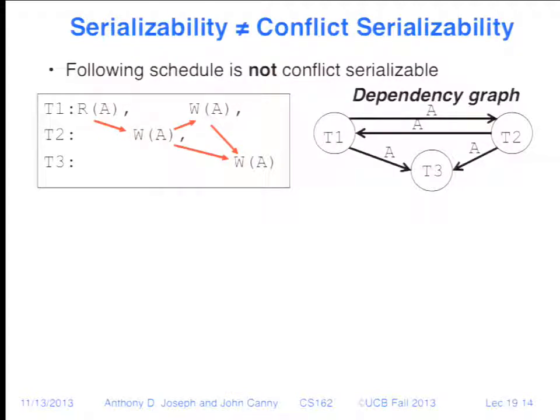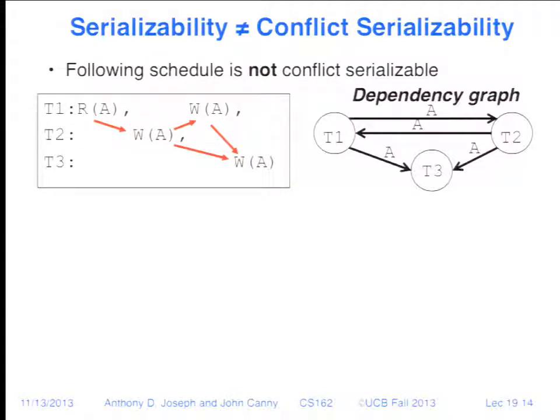Now, strangely, if we only had that cycle, we wouldn't be able to fix it. But because of this additional write, there's actually a different schedule that's always going to produce the same outcome. Does anyone see what it is? Is there a way to serialize? Well, there is. There's a way to serialize those transactions so that it's equivalent to a serial schedule.